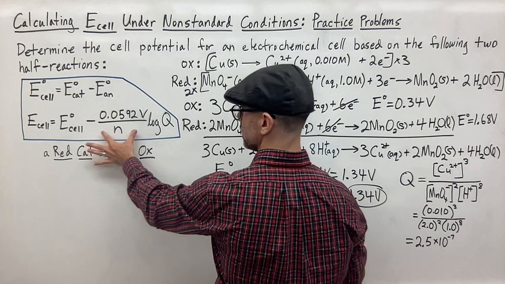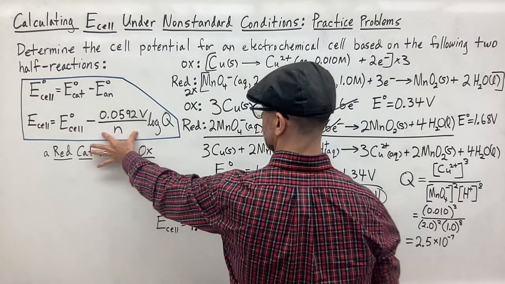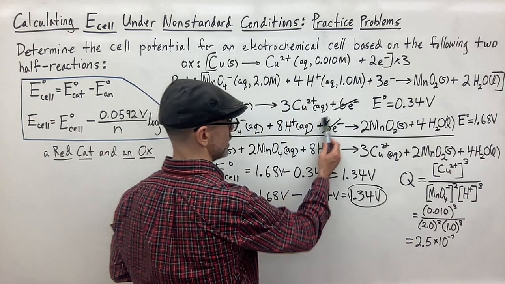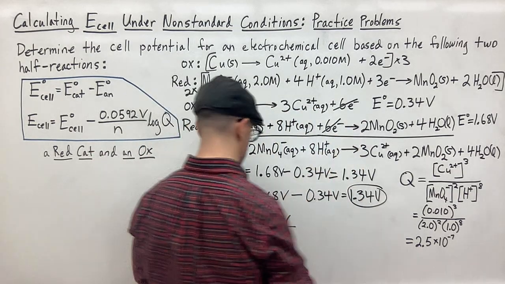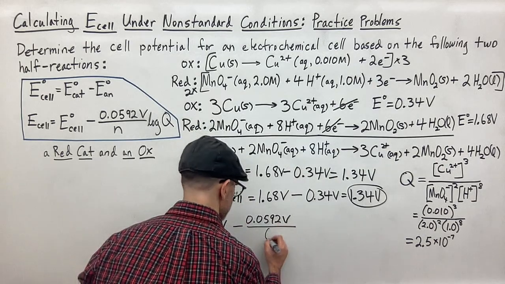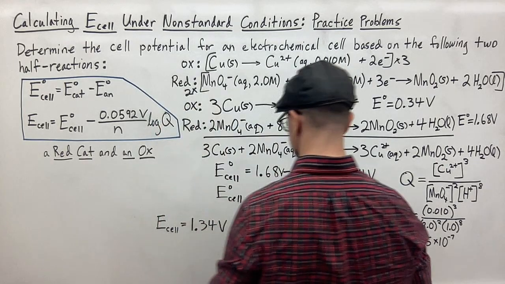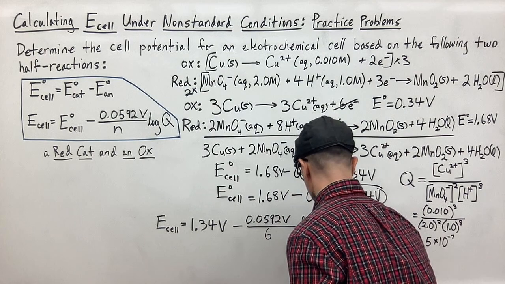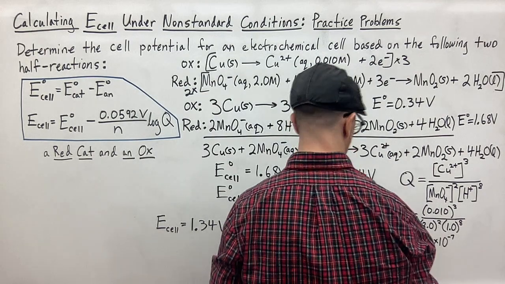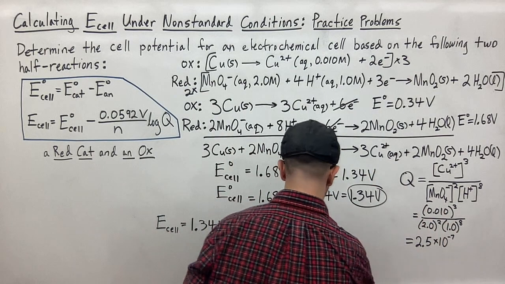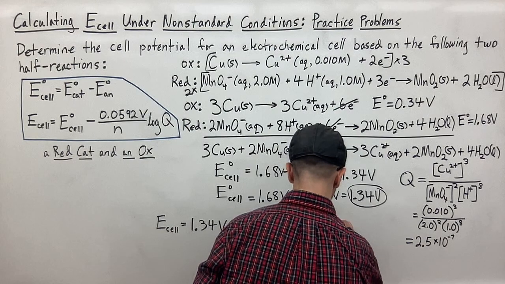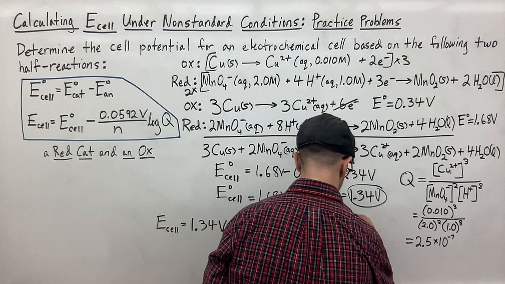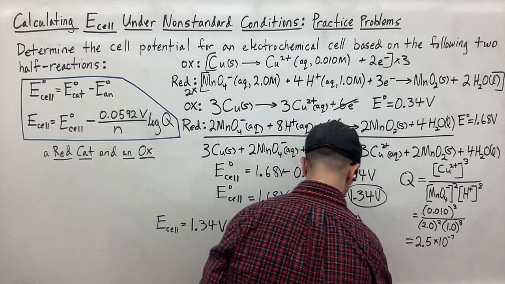Again, n is the number of electrons transferred in our reaction. We have 6 moles of electrons being transferred, so 6 goes down there. Then that's multiplied by the log of Q, which is 2.5 times 10 to the negative 7.